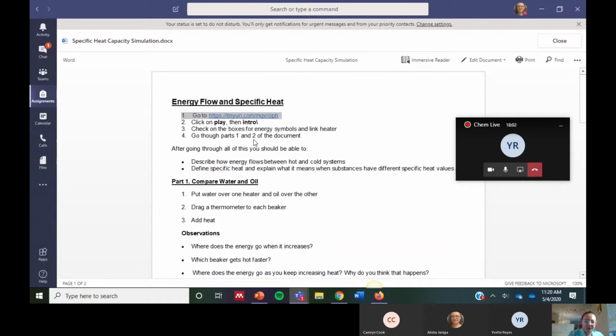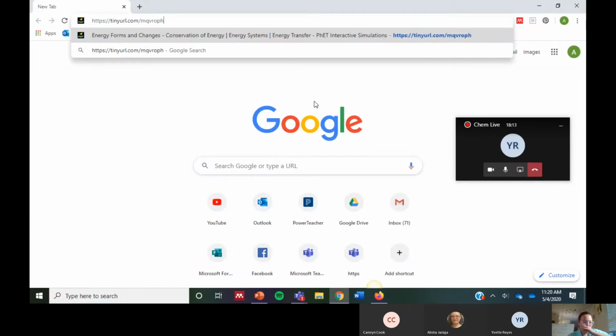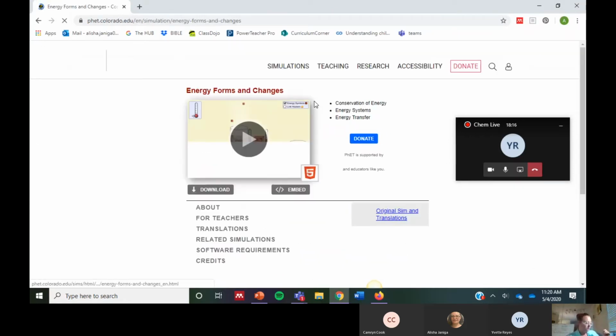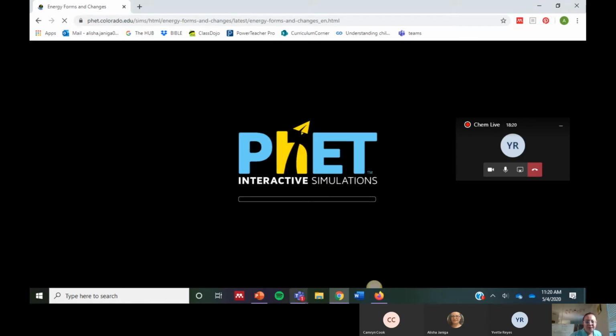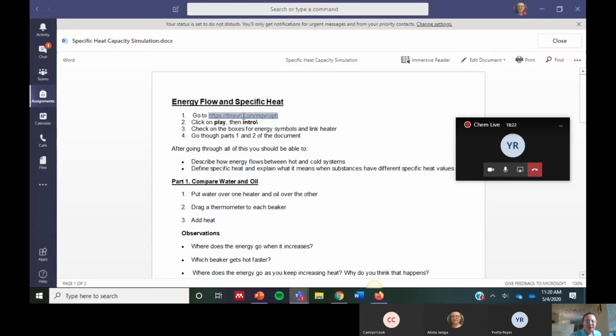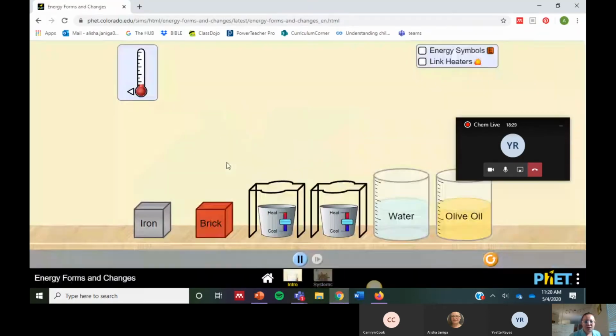I'm going to hit that URL right here, and then we're going to hit play. Then we're going to hit intro, and then we're going to check the boxes for energy symbols and link heater. Intro, energy symbols, link heater.